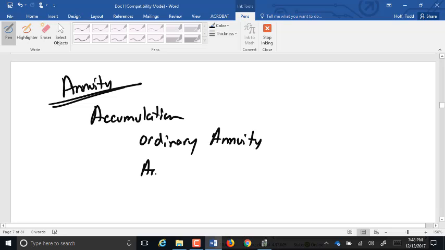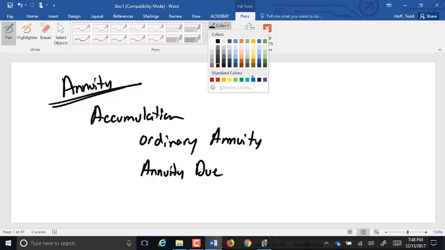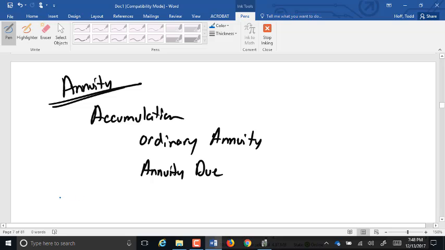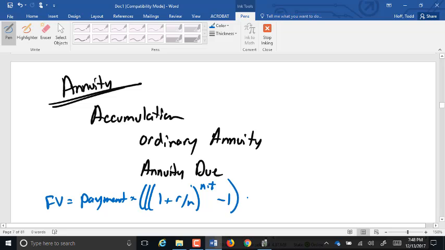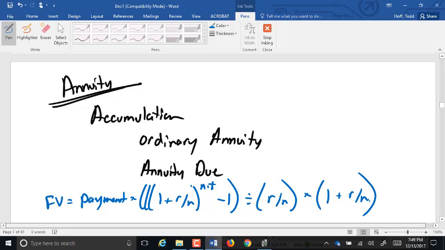And then there's the annuity due, which has that extra little factor on it. That's only if we know the payment, we're looking for the future value. We have this formula. Remember, at the end, we have this extra little term, 1 plus R over N, no power on it.